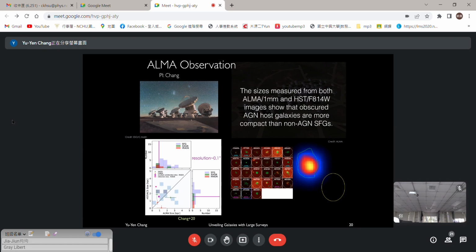This means no matter in the optical part or in the radio part, we all see this more compact trend. So it can be explained by both the stellar and the dust structure of an AGN host galaxy being more compact than normal galaxies.